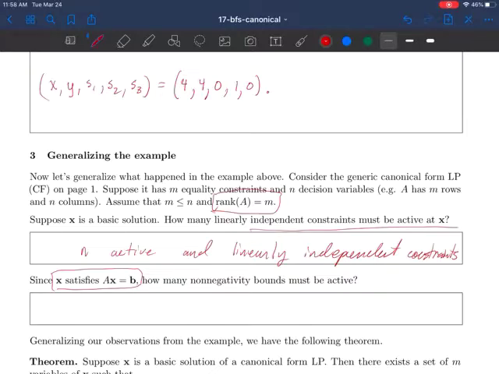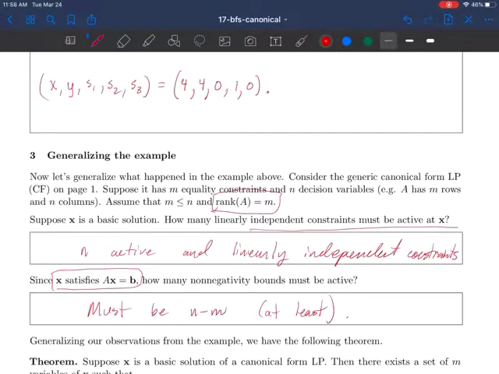Because x satisfies Ax equals b, the number of non-negativity bounds that must be active must be n minus m. And that's at least.